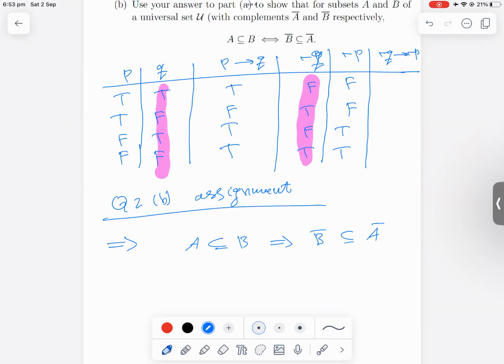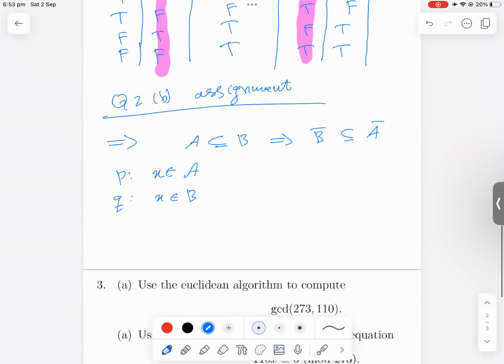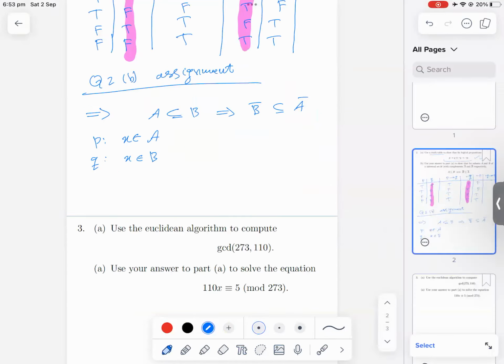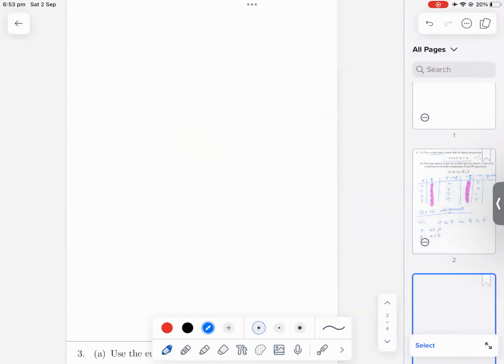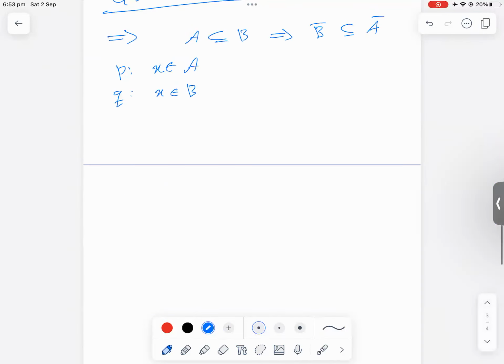Let's say P is X belongs to A, Q is X belongs to B. As a result, can I add more pages? Yeah.